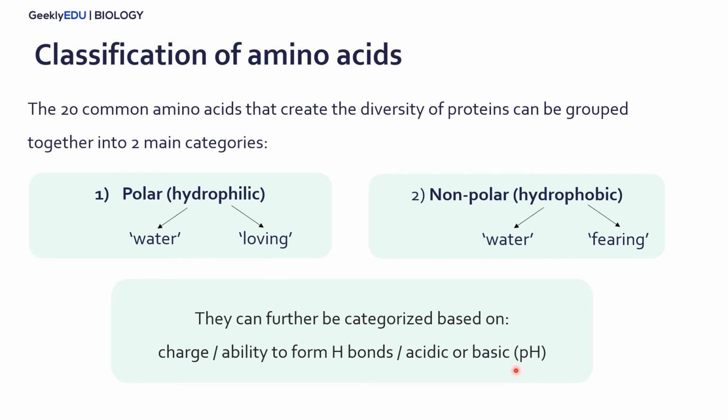And these characteristics of amino acids are really important as they can inform the protein structure. So the protein structure comes from the different bonds based on the charges and the acidity of the amino acids in the protein. And if you want to learn more about that, you can go to the video on levels of protein structure.